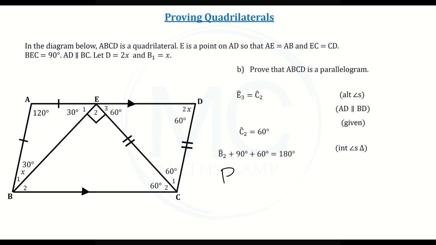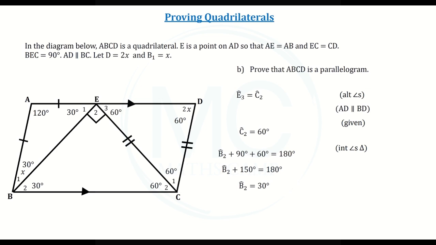Now we have angle B2. 90 plus 60 gives us 150. This is equal to 180 degrees. To get B2 by itself, we say B2 is equal to 180 minus 150, which leaves us with 30 degrees. This is the size of angle B2. Let's put 30 degrees into our diagram.